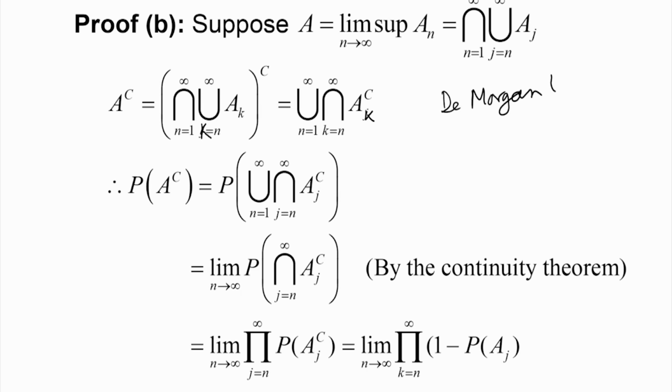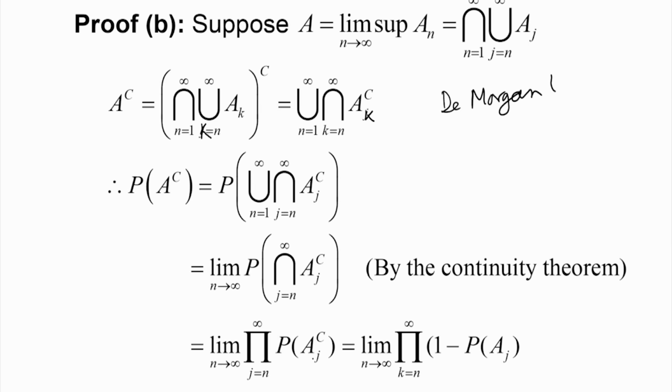We have assumed that the events are independent. Therefore, the probability of the intersection will be equal to the product of the probabilities. So, this probability is equal to the limit n tends to infinity of the product of the probability of A_j complement, j going from n to infinity.